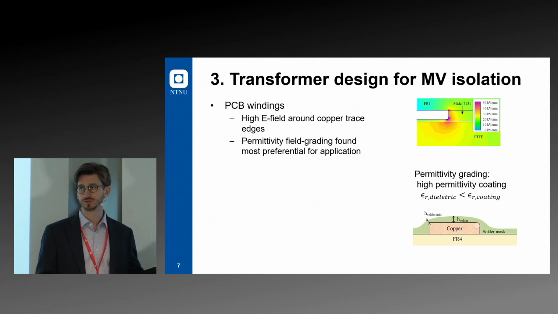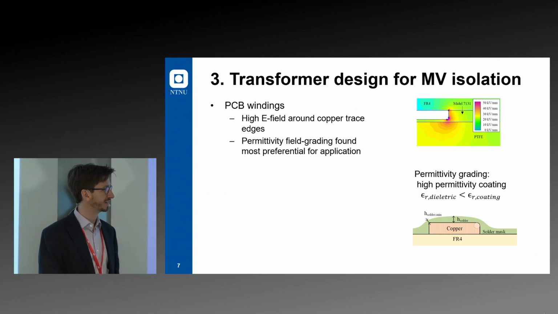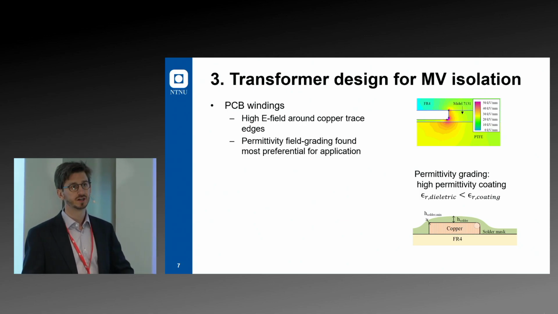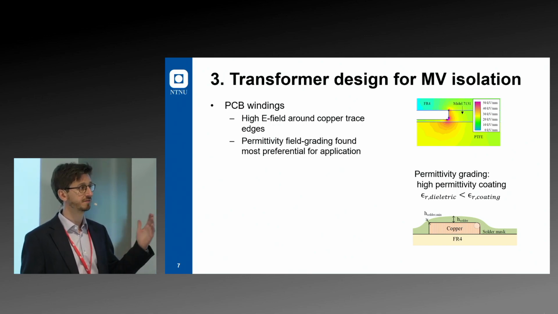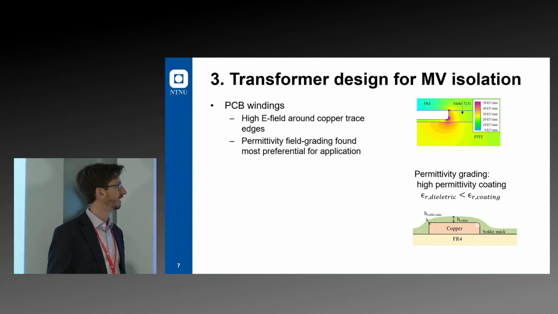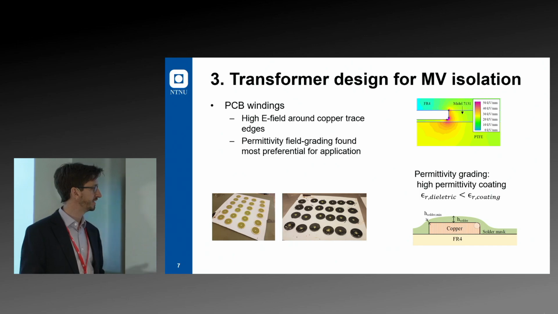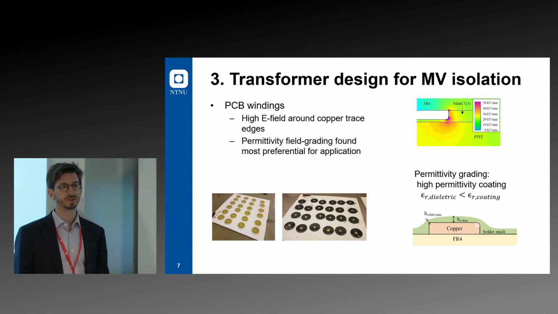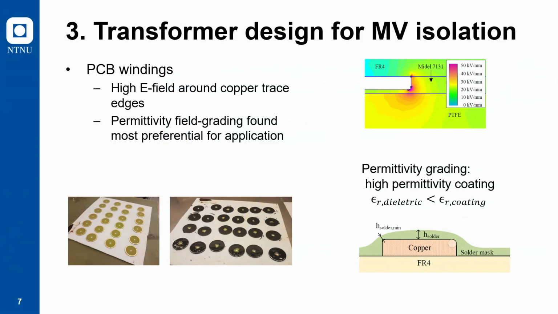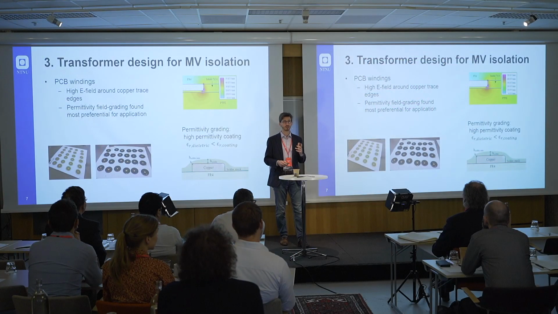So Teflon has around 2, solder mask naturally has around 4, and then we can try to find other materials that have even higher. So for the work, we would buy bare PCBs and cover them with a high permittivity epoxy, upwards of 9, 10. And what this will do is push the high electric field over a greater area, and you get a lower peak value.